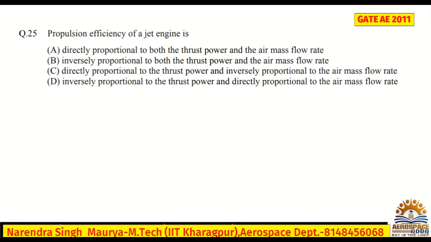Now we'll go for the next problem. Problem number 25. They are asking about the propulsive efficiency of a jet engine. I told you that the propulsive efficiency of a jet engine is very simple. It was explained.